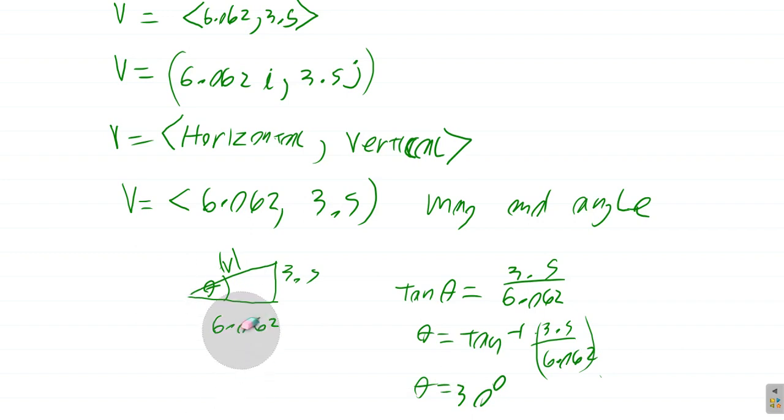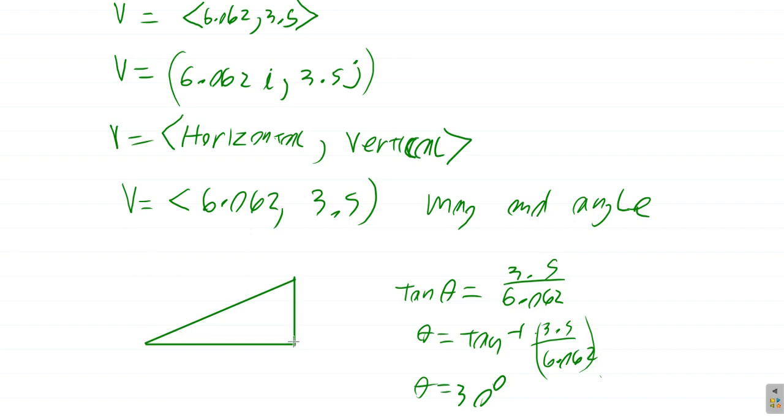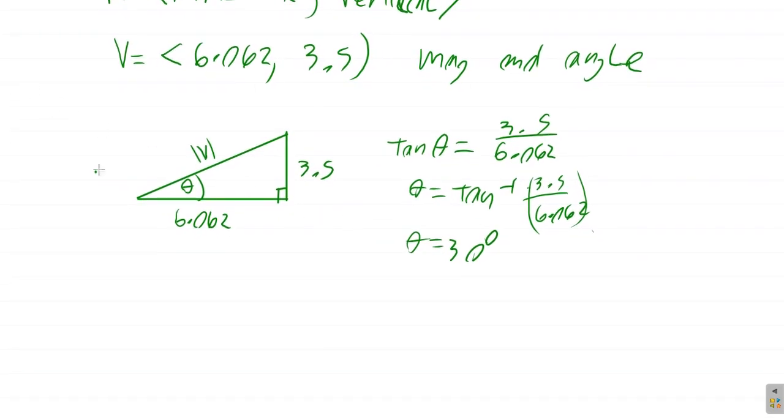By the way, let me draw this properly. So you have your 6.062 here and your 3.5 here, and then you say your V, and the theta here. As for the magnitude, you can use Pythagoras and say V squared equals 6.062 squared plus 3.5 squared.